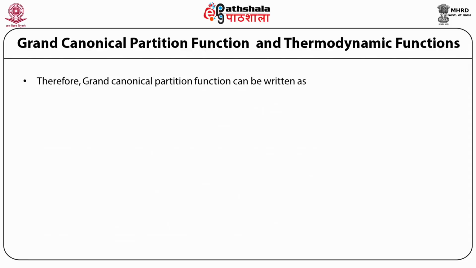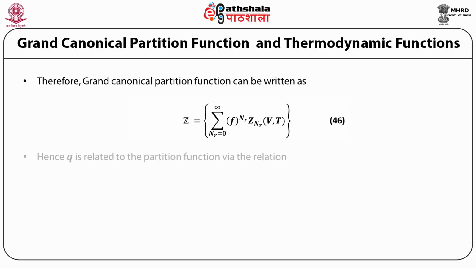Therefore, the grand canonical partition function can be written as Z is equal to the summation over Nr from 0 to infinity of fugacity F raised to the power Nr multiplied by Z_Nr as a function of V and T. Hence, Q is related to the partition function via the relation Q is equal to log of Z as a function of fugacity, volume and temperature, equal to PV upon kBT.